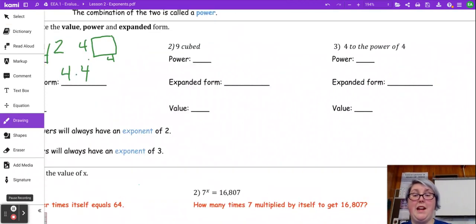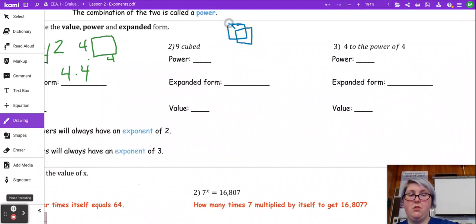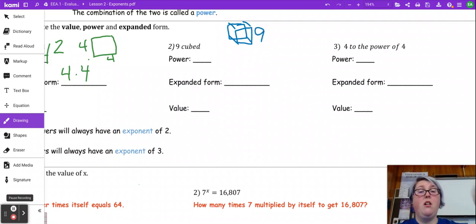Now we're going to do 9 cubed. So we know a cube is simply a 3-dimensional square. Excuse my terrible cube. If one side is 9, then all the other sides are 9. And to get the volume of a cube, you do 3 times: each side, length, width, height.